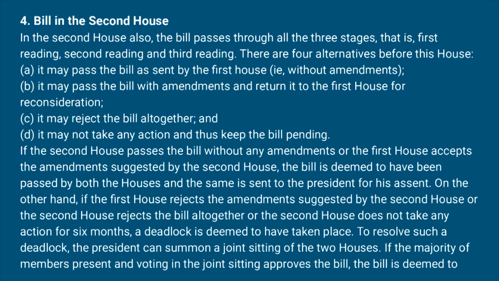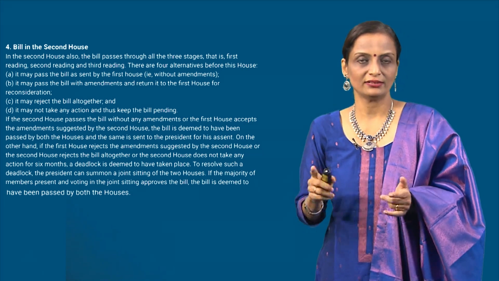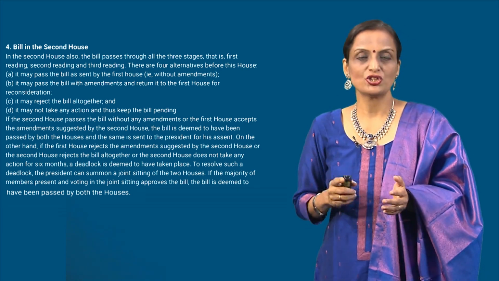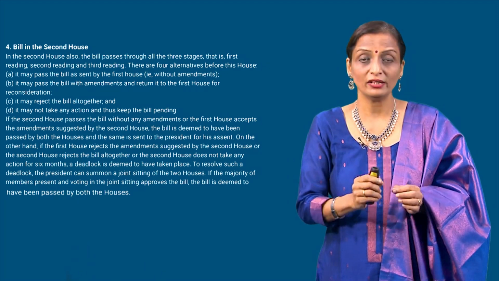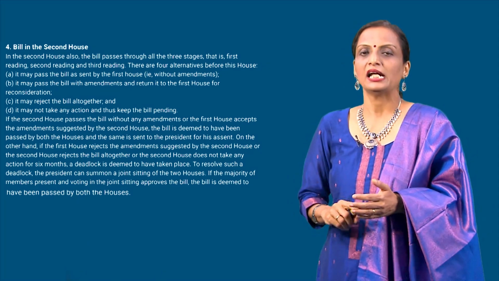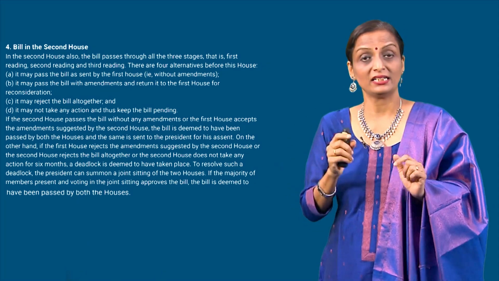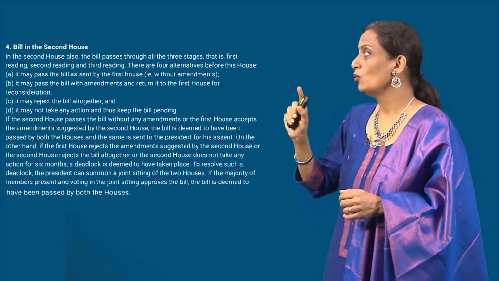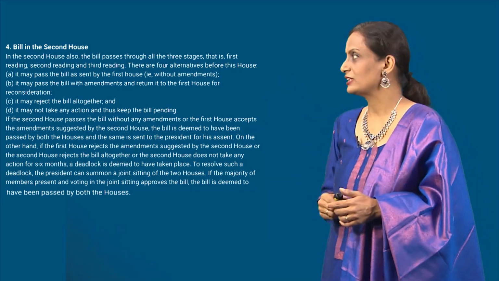The next point is the bill in the second house. Now, you have seen that the 3 readings have been done. The select committee has checked through the committee stage and also gone into a consideration stage, and now the bill has been passed by that concerned house. Now, it goes to the second house for consideration.